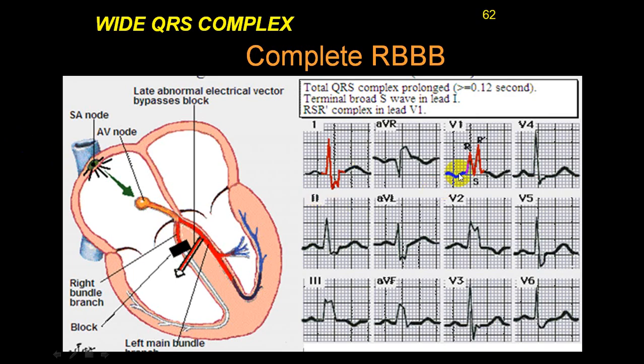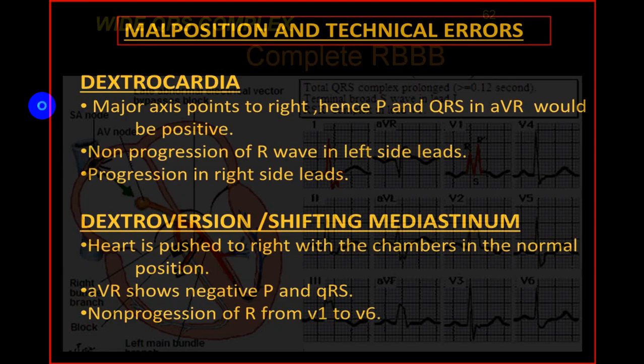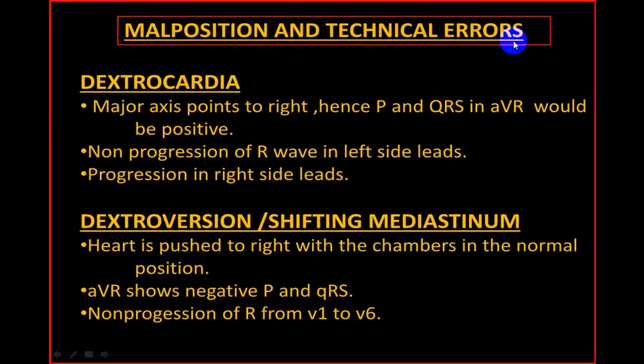You can see again here, RSR' pattern and wide, deep S wave in V6. Now there is another thing which can be helpful, which is dextrocardia. In dextrocardia, if the major axis points towards the right side, it means AVR is positive. In AVR, QRS complex is positive.